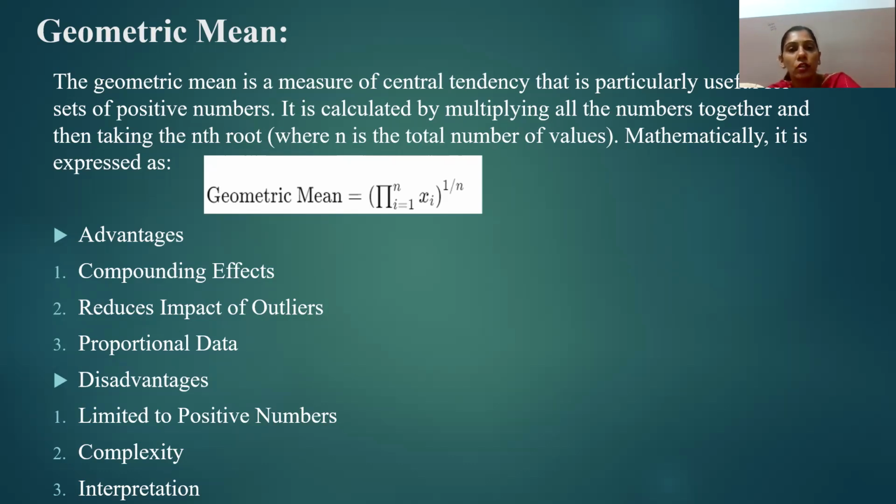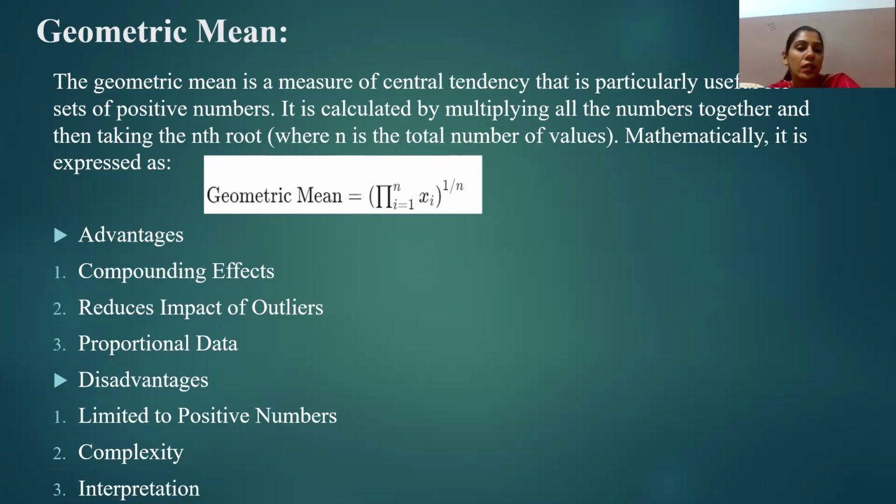By focusing on the product of values rather than their sum, the geometric mean reduces the influence of extreme large values and extreme small values, which provides a more balanced message. So this is how geometric mean works, and it reduces the impact of the outliers, the extreme large values and extreme small values that can influence the mean.